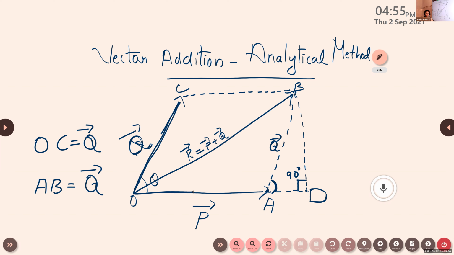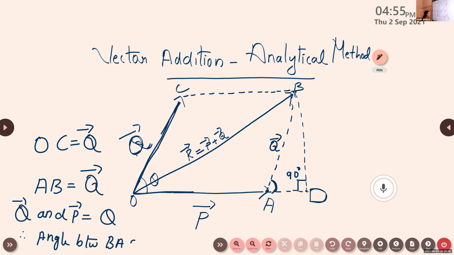That is also equal to theta. Therefore, the angle between BA and AD is also theta.